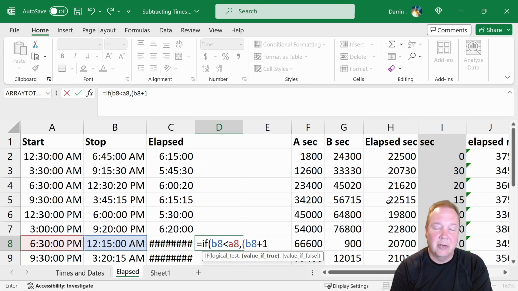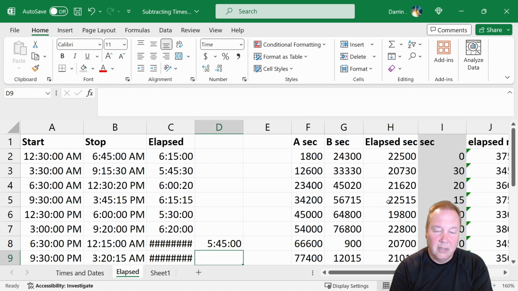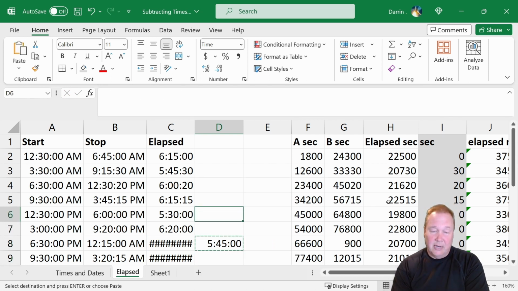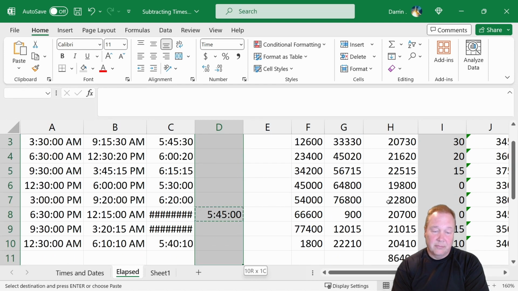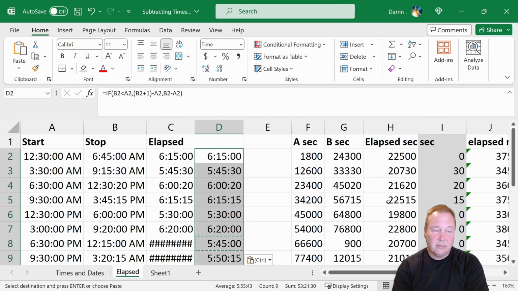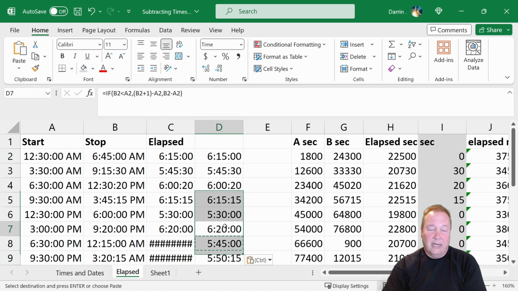There's just formatting on the numbers. So we do B8 plus 1, and then minus A8, else B8 minus A8 if it doesn't cross midnight. And that gives you the right time. And we can copy this through the others here. And it always works. Far easier than the other system.